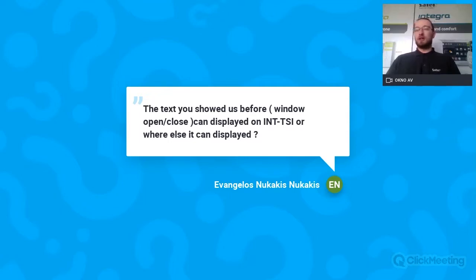And of course, if you want to use it, you can show it on the TSI by using a different icon. For example, the indicator button you can use to show this type of text, and you don't need to send a telegram for it.